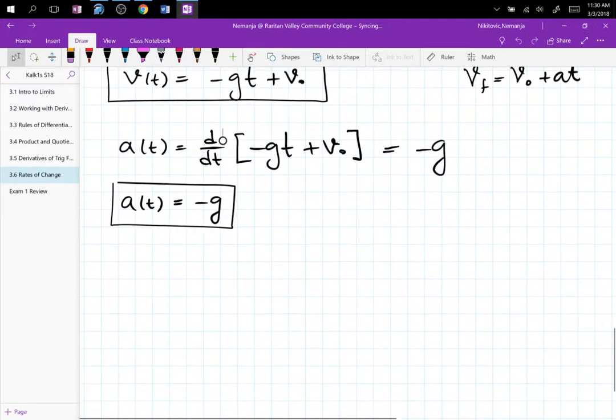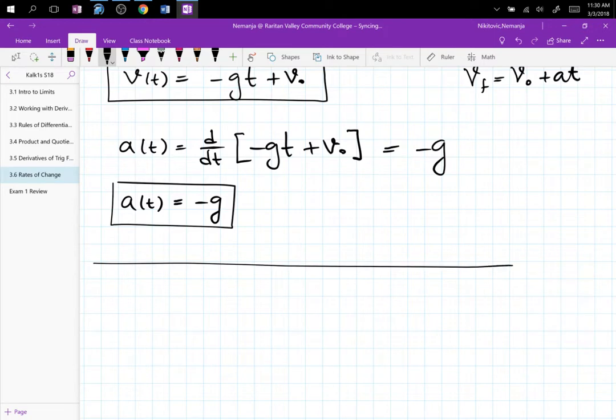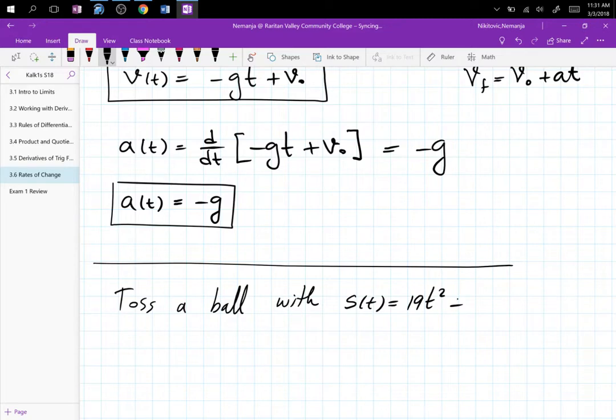So let's say that we toss a ball, or whatever else, toss an elephant, doesn't matter, toss whatever, with position function s of t equals 19t squared plus 3t minus 4. All right? And the question is max height.